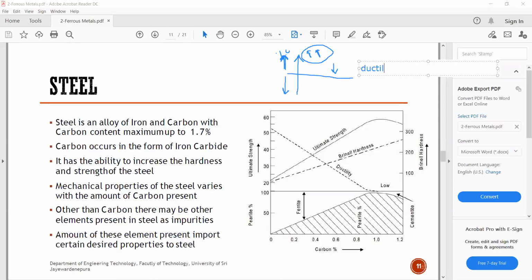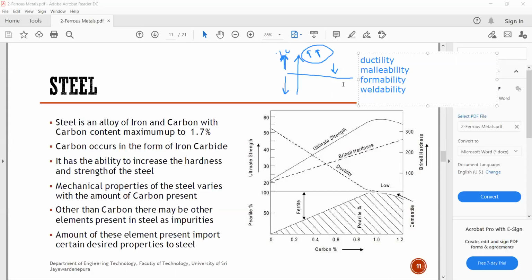Ductility, malleability, formability, and the other one, weldability. So when you increase the carbon percentage of the steel, the ductility, malleability, formability, and weldability of the steel will be decreased, right? So what things will be increased?